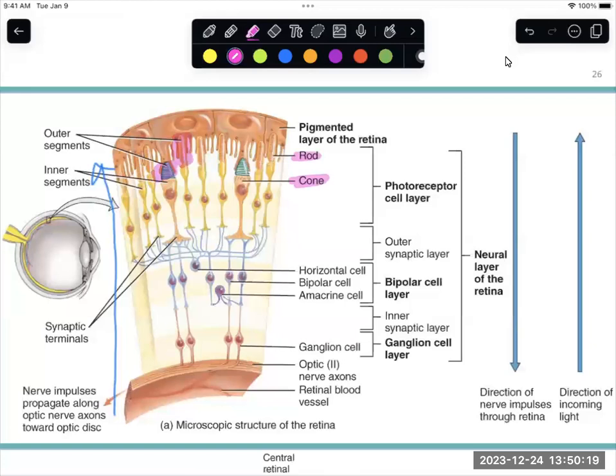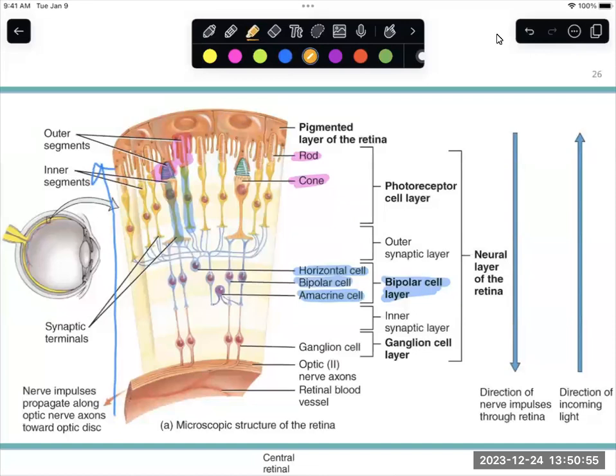From there, this information is going to travel through that cone or through that rod, and it's going to attach to this horizontal cell, bipolar cell, or amacrine cell. This is considered that bipolar layer.